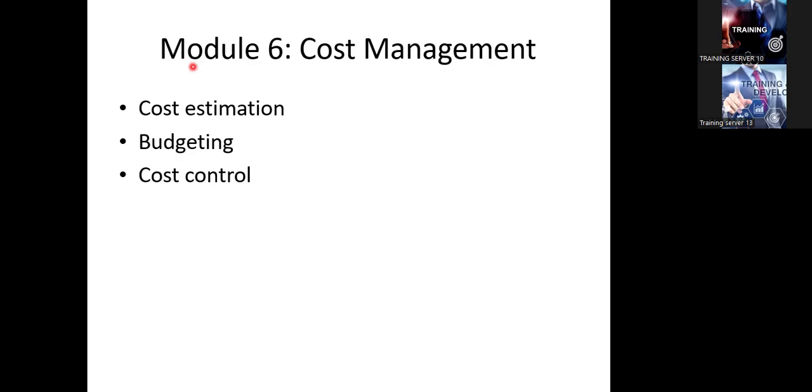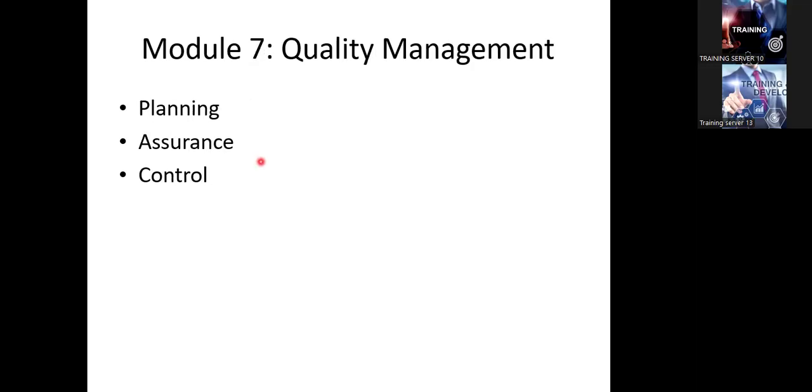We cannot choose any material that will affect the quality of the project. So we have what we call cost control and the cost estimation cycle, which we will speak about further in the next sessions.